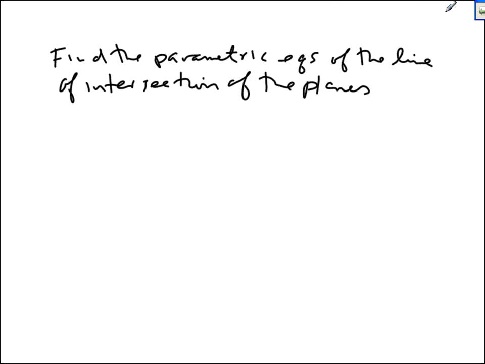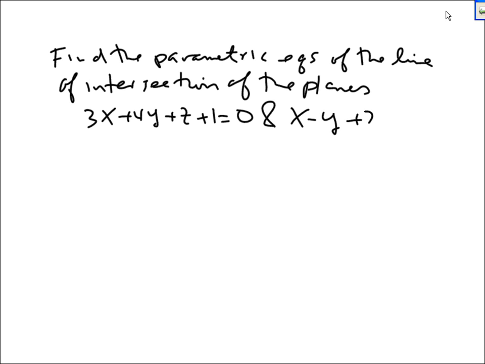The planes 3x plus 4y plus z plus 1 equals 0, and, I don't know, an easy one, x minus y plus 2z plus 3 equals 0. So we want to find out which points are in common, because that's what you call the intersection. If it happens to be a line, wonderful.